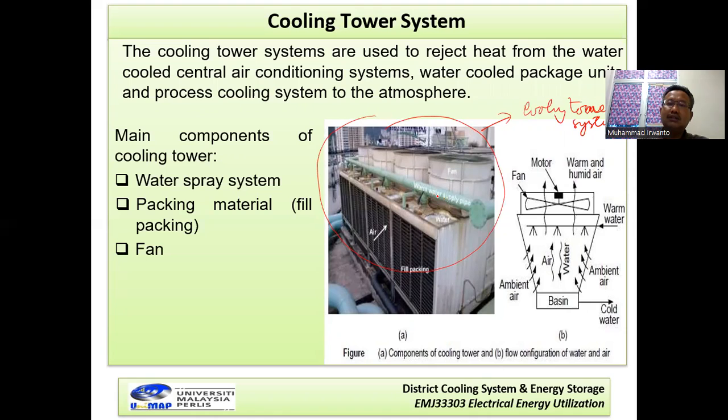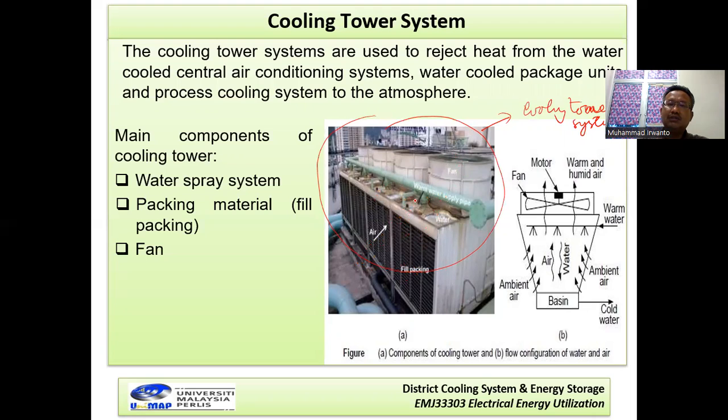Here is the pan. And this one we can see has a grille like this. It is the fill package, and then the air from the outside can enter this device.